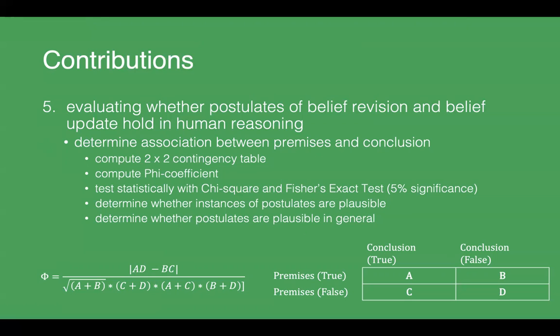Then we go a step further and ask, disregarding the examples, are these postulates plausible in general, so that in whichever example we use, these postulates are found plausible? To do this, we used the framework of possibility theory. This is something that I'm happy to discuss or engage with you about, and you are also welcome to read up on this, because now we're getting into technical territory.